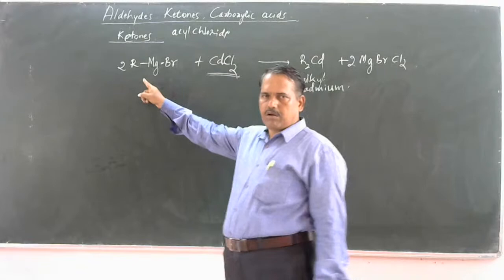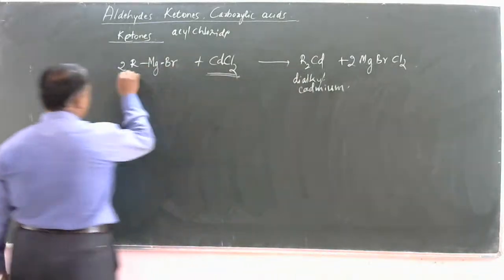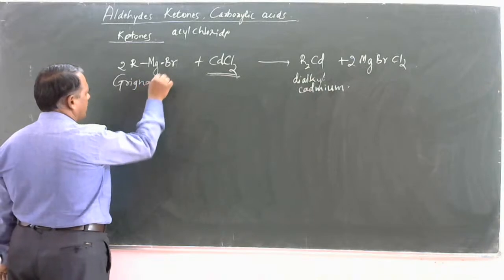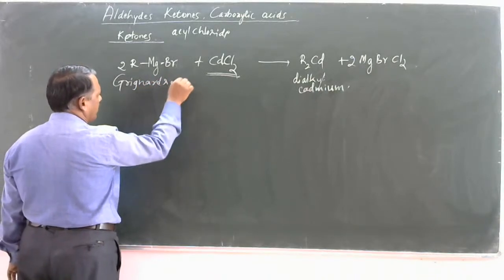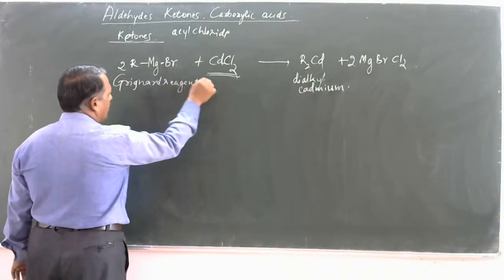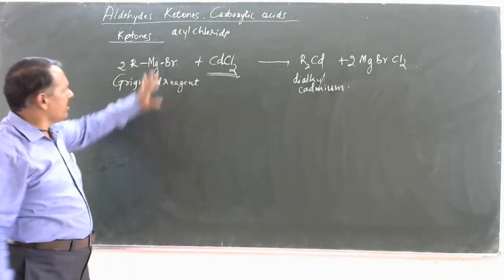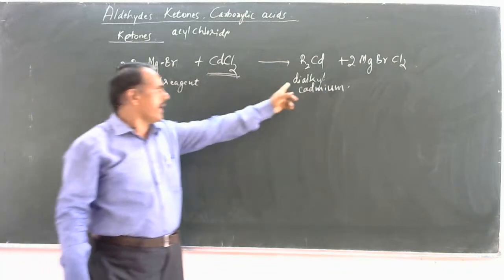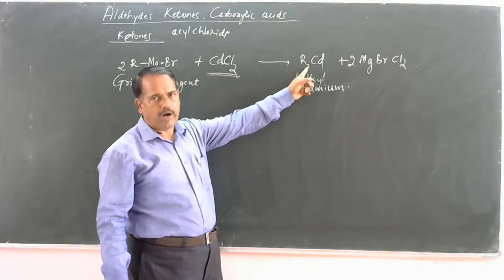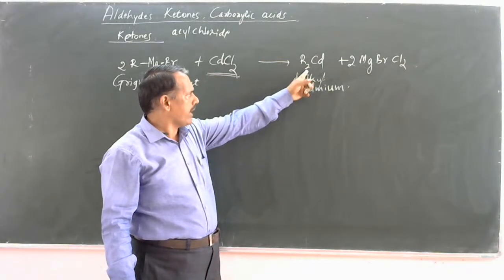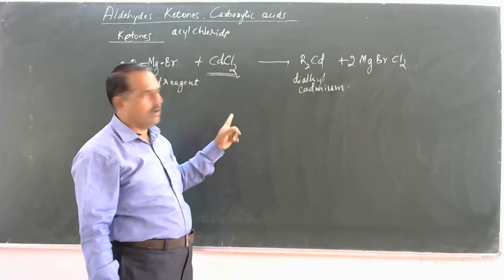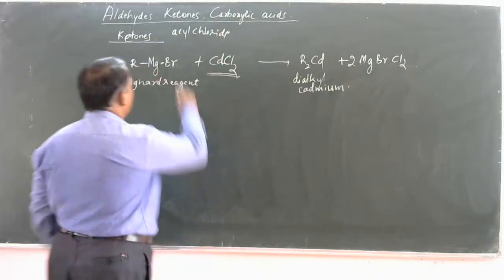It is nothing but a Grignard reagent. So when this Grignard reagent is treated with cadmium chloride, dialkyl cadmium is obtained. Then this we treat with acyl chloride.